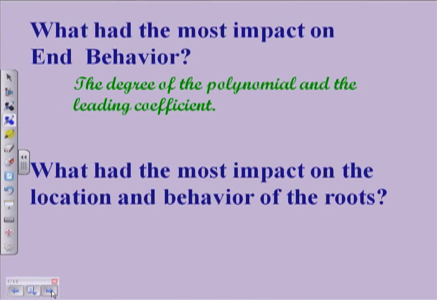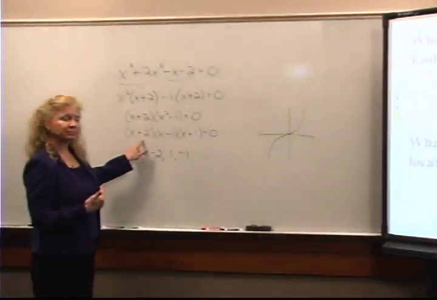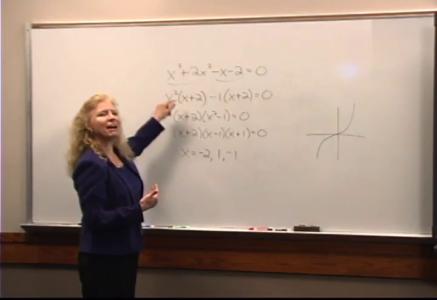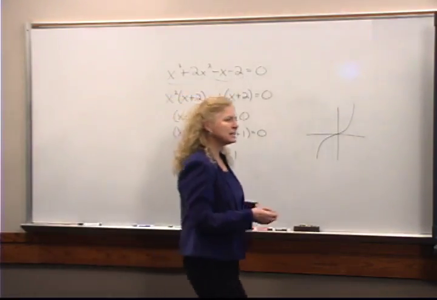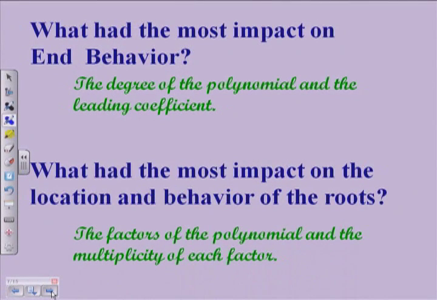What had the most impact on the location and the behavior of the roots? Well, we found our roots. We found our roots by factoring that particular polynomial. Okay? Now, I've used a term here in my PowerPoint called multiplicity. I said the factors of the polynomial and the multiplicity of each factor affects the shape.